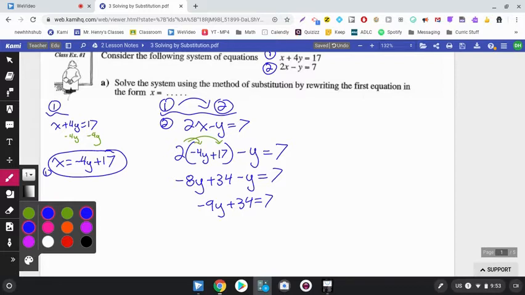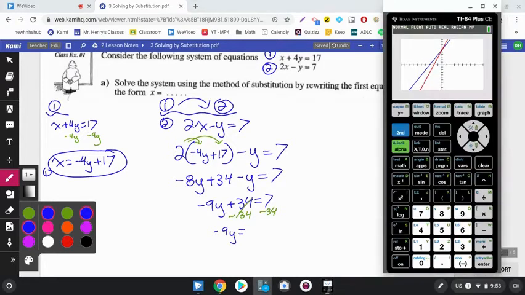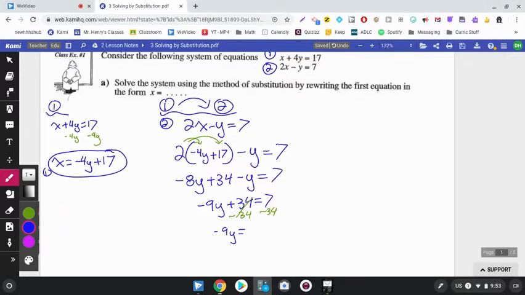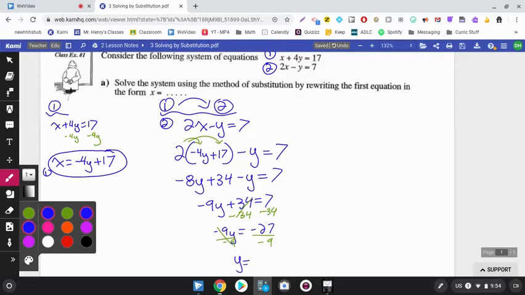Subtract 34 from both sides: negative 9y equals 7 minus 34, which is negative 27. Divide by the coefficient: y equals negative divided by negative is positive, so y equals 3.